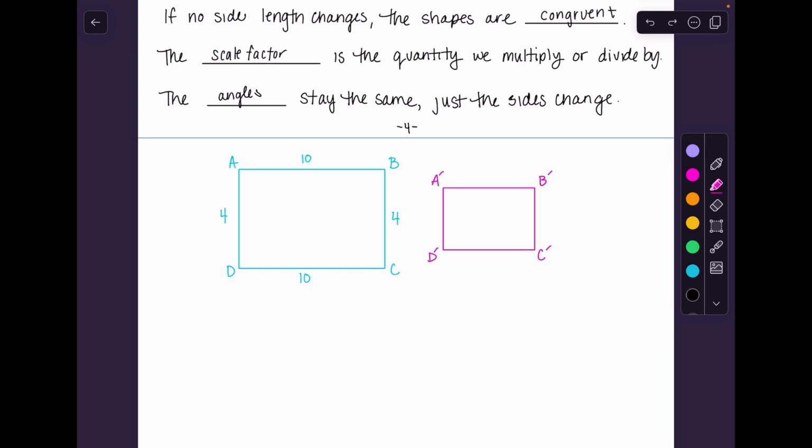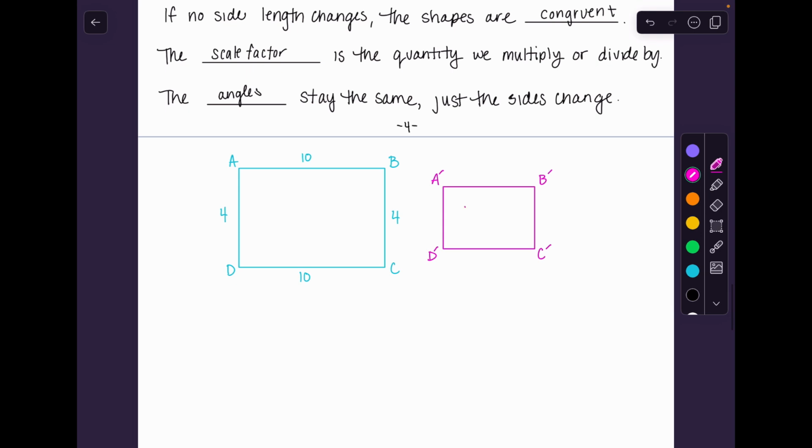What we tend to do is put these little prime marks at the top here to indicate this side A prime corresponds to A, B prime corresponds to B, and then you can continue in that exact same pattern. So you kind of know the overall shape here. All of the corners are still exactly 90-degree angles, because it is a rectangle. So nothing has changed except our sides, okay?